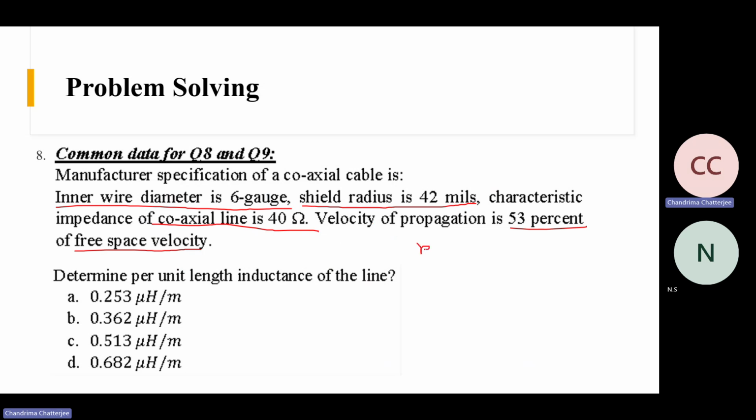So Rw is given, 6 gauge. And shield radius Rs is also given, 42 mils.